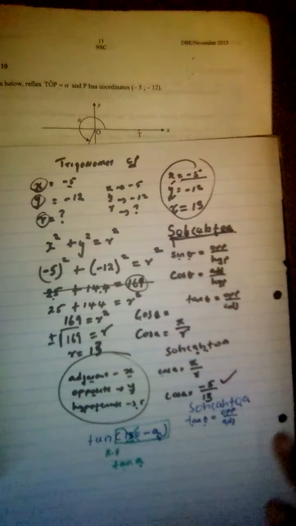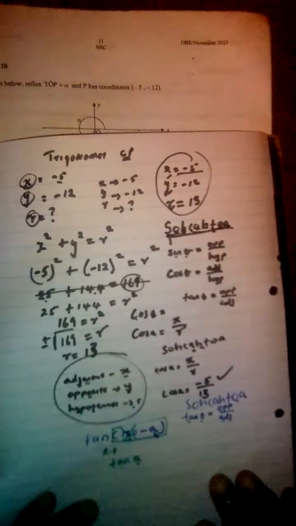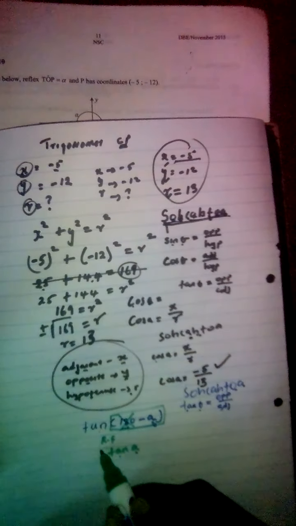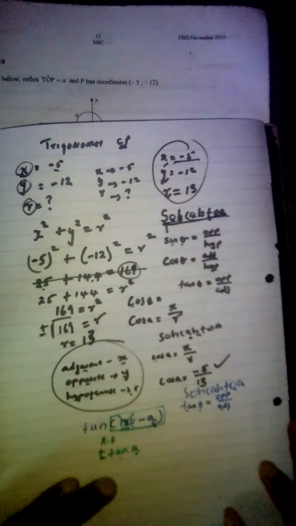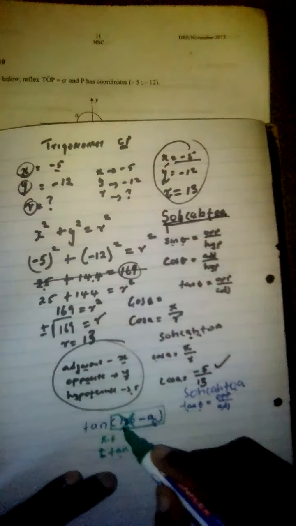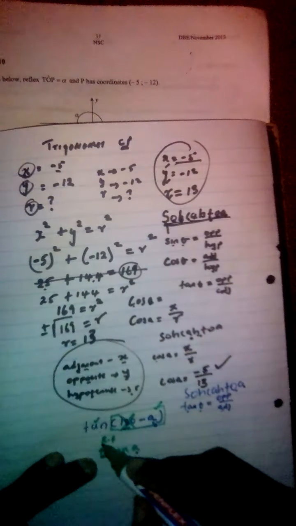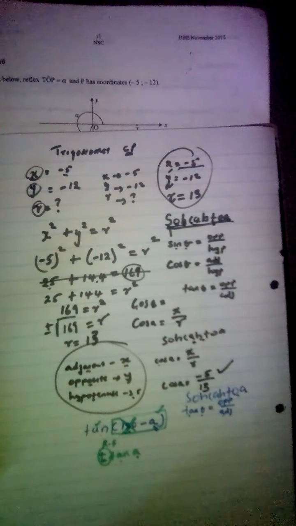But we also have to look at the sign. I'm going to check if the answer should be positive or negative. By using the reduction formula, we just remove 180 and are left with tan of alpha. So we have to check the correct sign. Is the sign positive or negative?